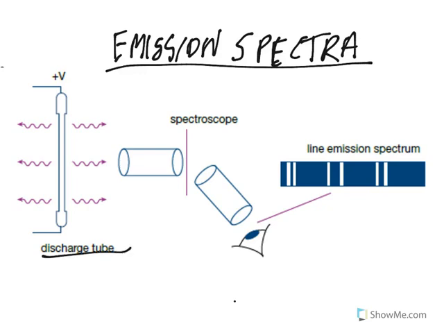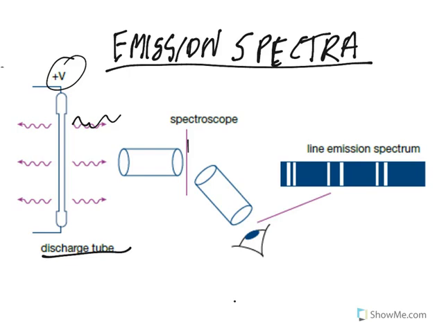Essentially, it's just a tube filled with some sort of gas. We put a high voltage on it. Some of the electrons get excited. They move up and then they drop off. And when they drop off, they give off light. And we put it through a thing called a spectroscope, which essentially just diffracts the light and spreads out the colours.